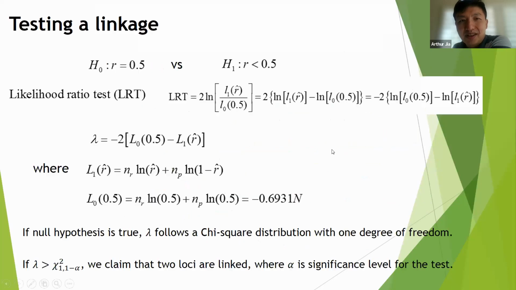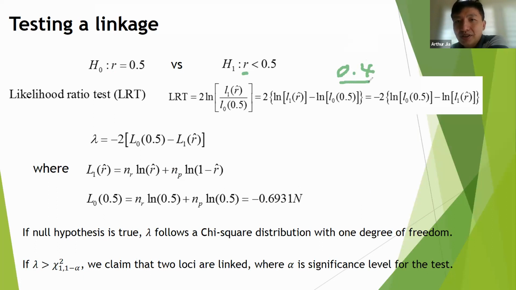All right, now back to our business. What are we testing? We're testing this guy, the R, right? I hope you still remember. We are interested in testing the genetic map distance between two loci, A and B. Based on your data, you can calculate the MLE, the maximum likelihood estimate of this R. But sometimes you get an R equal to, let's say, 0.4.